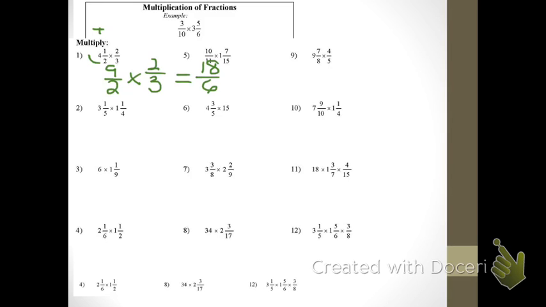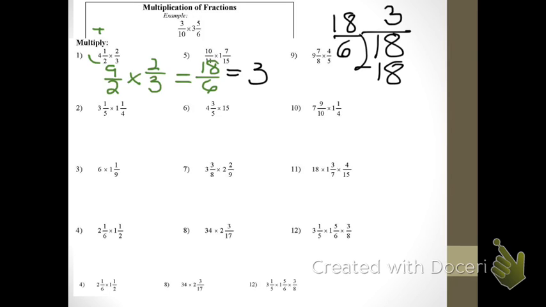And sure enough, 6 goes into 18 3 whole times, so the answer is 3. But we can always take our fractions and make a fraction house. That's 18 over 6. 6 goes into 18 3 whole times, which is 18. And that is the answer, 3.